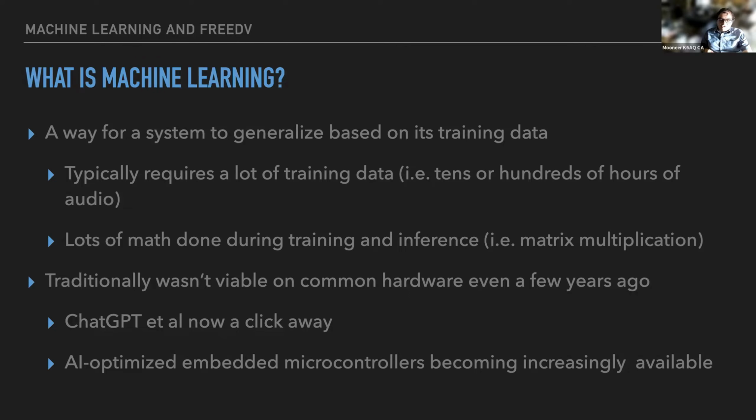And in the near future, there are a lot of embedded microcontrollers coming out that have AI optimization and AI specific instructions, or even specific coprocessors optimized for machine learning. So we might see a lot of machine learning stuff get pushed down into smaller and smaller devices. That's something we'll have to pay attention to for sure.